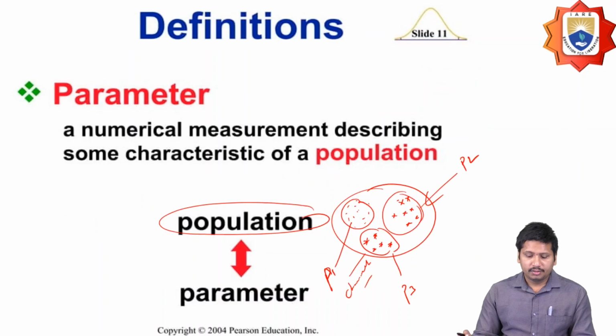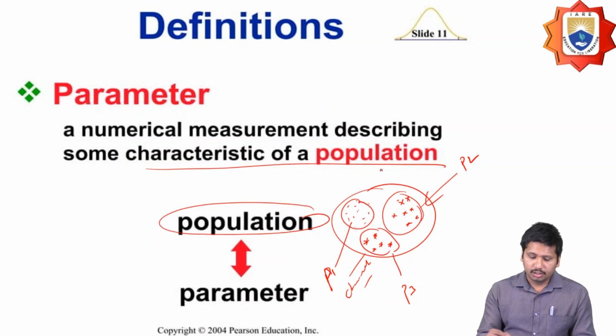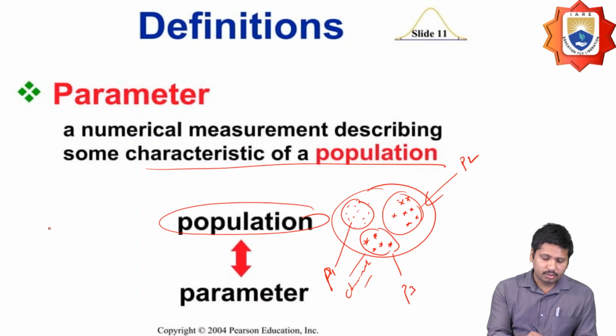So types of data. Before going to see the types of data, we have parameters. A parameter is a numerical measurement that describes a characteristic of the population. Suppose I construct an engineering college.